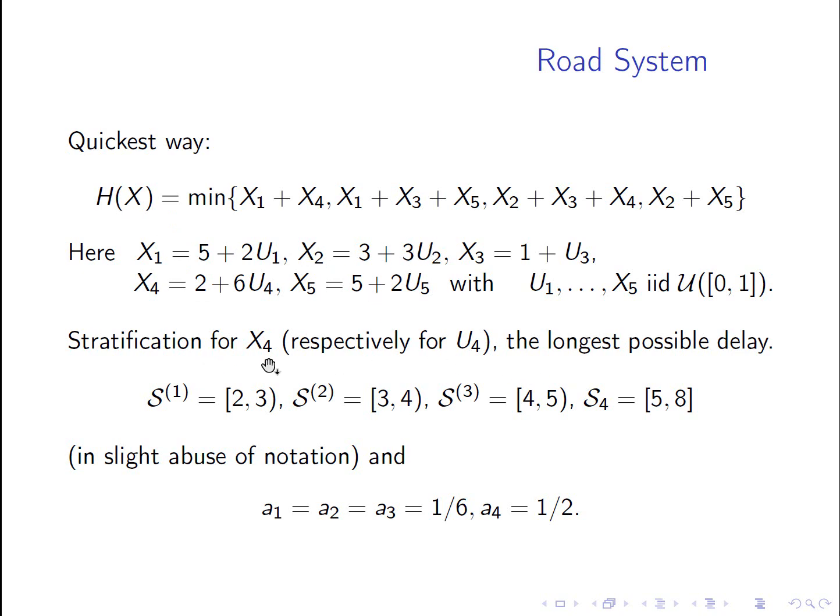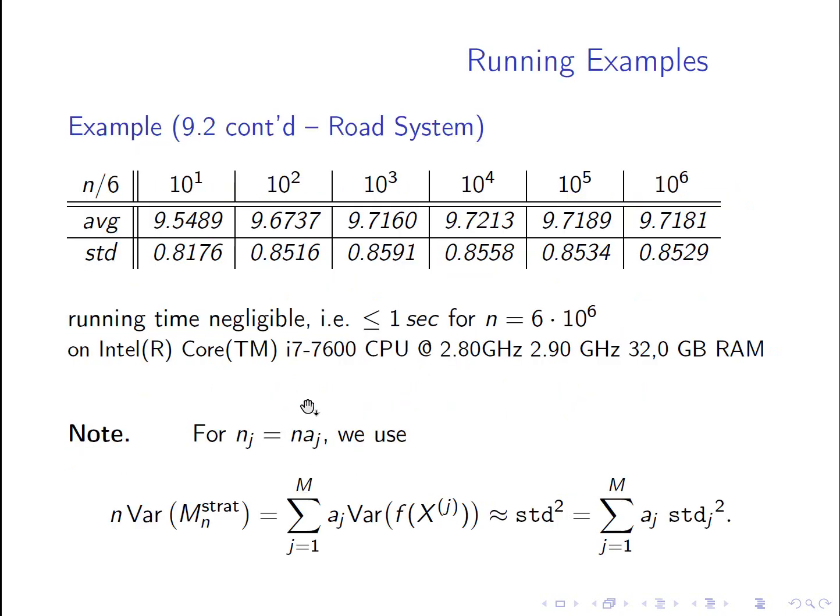Okay, so here we stratified with respect to x4, and what do we get? We get a bit of an improvement. The standard deviations seem now to stabilize around 0.85, so other methods were a bit better, but it's still an improvement. And of course, one can think of different stratification strategies. And the running time is still less than 1 second for this number of repetitions.